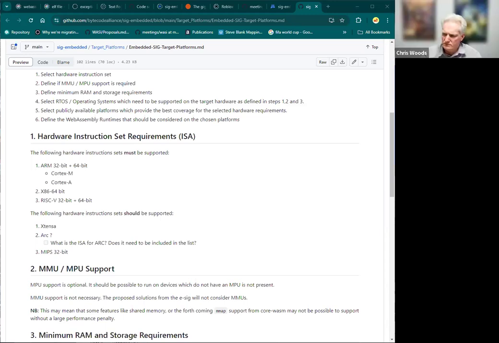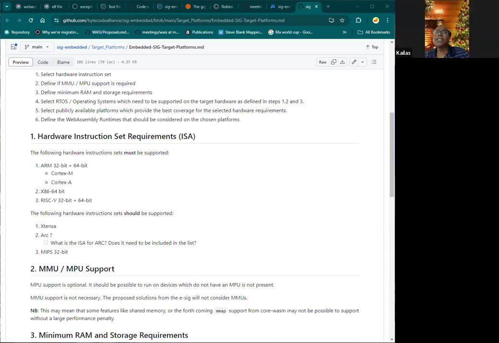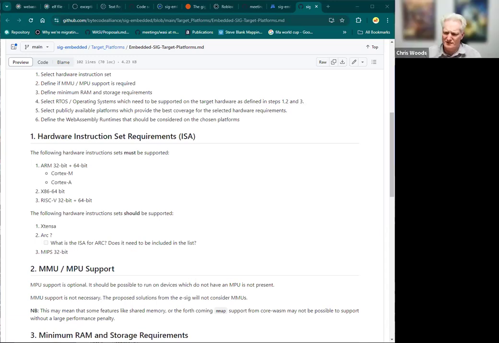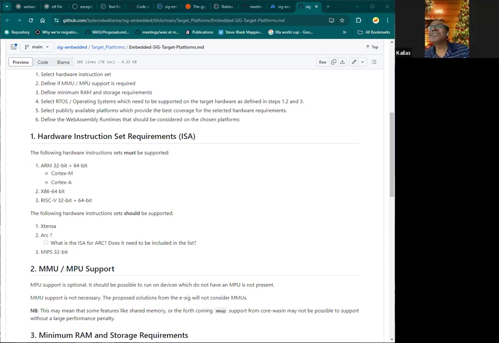Arc has an extensible instruction set, so that makes it kind of hard to fit this paradigm of fixed instruction sets. What exactly is Arc? What Arc gives you is a set of instructions and a compilable library. So you give the instruction set and then you can construct a processor for it.